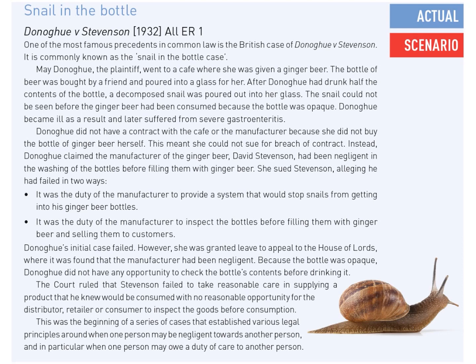So because the bottle was opaque, she didn't have an opportunity to check the bottle's contents before drinking it. The court ruled that Stevenson failed to take reasonable care in supplying a product that he knew would be consumed with no reasonable opportunity for the distributor, retailer, or consumer to inspect the goods before consumption. Basically, if you sell a product that is going to be supplied in an opaque container, a container that cannot be seen through, you need to take reasonable care when supplying that product.